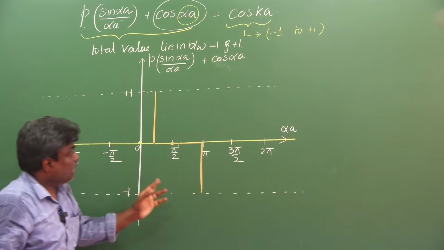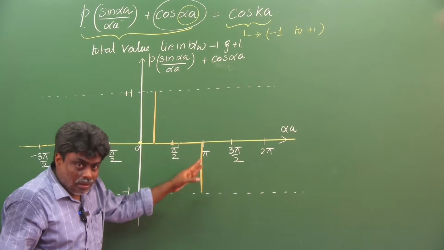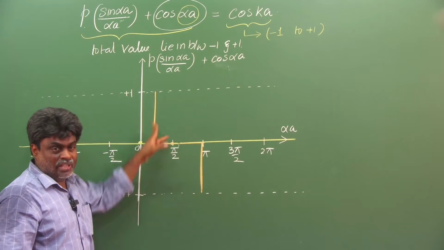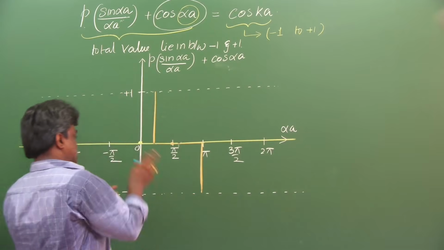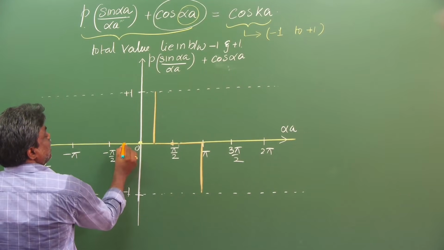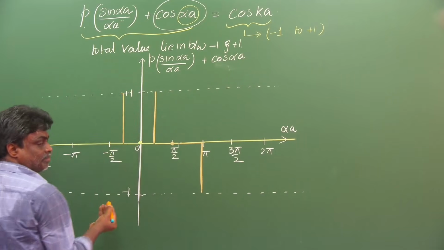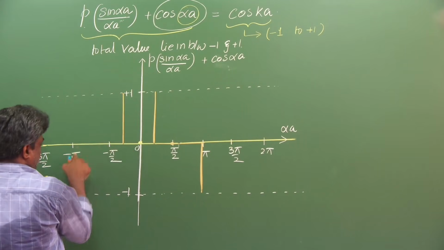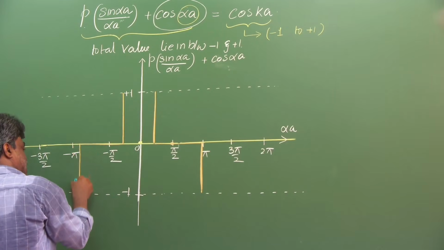Around pi it is becoming minus 1, close to 0 it is going to plus 1. Understand? Everybody? Similarly, on the left side near 0 it is going to plus 1, and not exactly at pi, nearly at pi it is becoming minus 1.